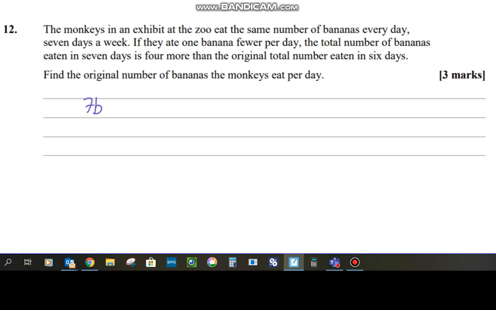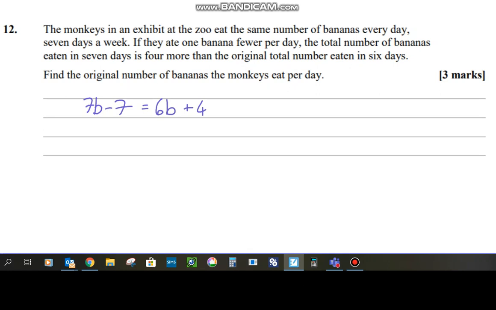If they eat one banana fewer per day, that's 7 less over the whole week. Now, our total number eaten in 7 days is 4 more than the original total number eaten in 6 days. So the original total number in 1 day was B, and so 6 times that for 6 days plus 4, and there's our equation. So that was quite hard to form.